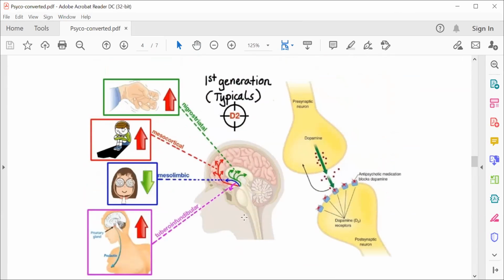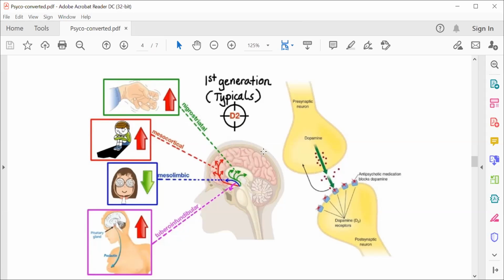Also, if the antipsychotic, the first generation, blocks the D receptor in the nigrostriatal pathway. We said that the nigrostriatal pathway is responsible for movement. And we said that low dopamine level will lead to dystonia, which is involuntary muscle contraction, and Parkinson-like symptoms.